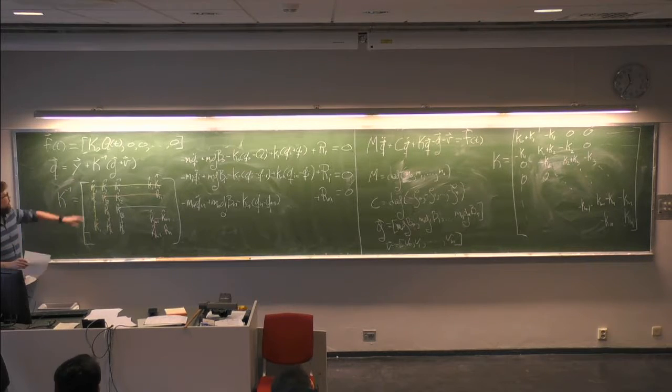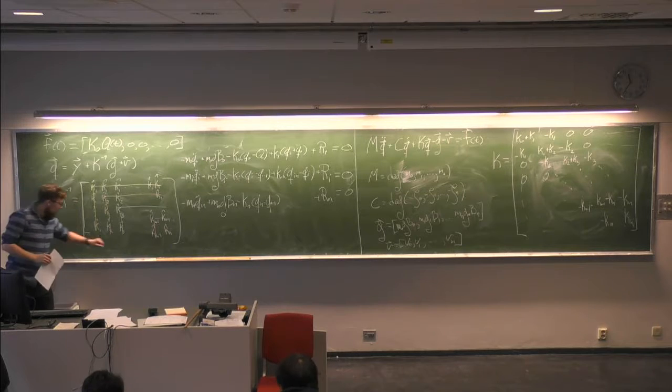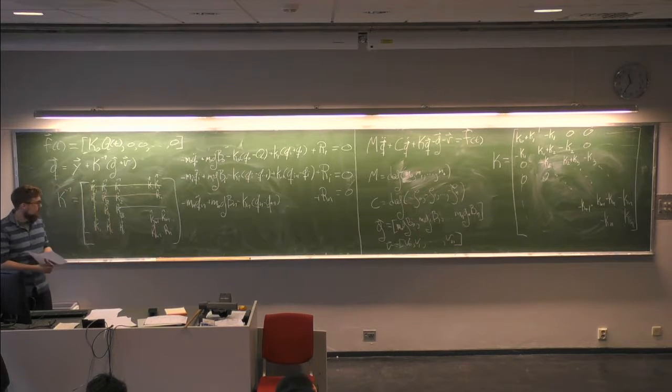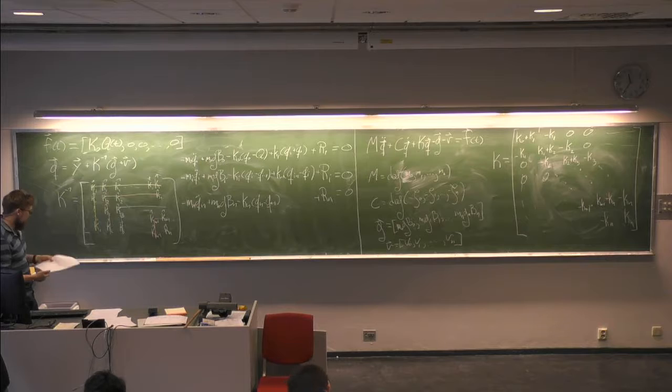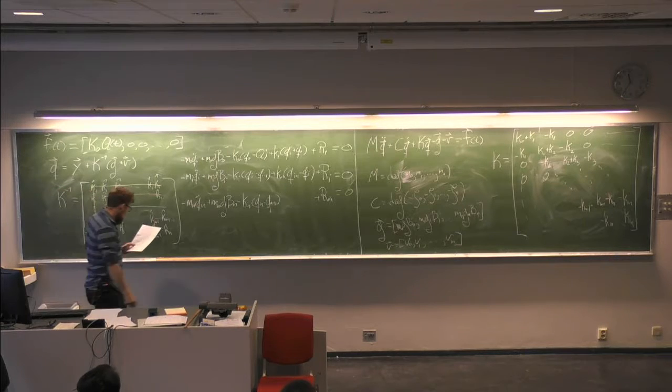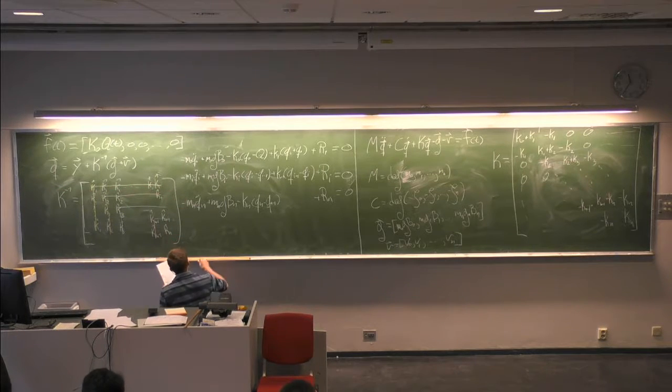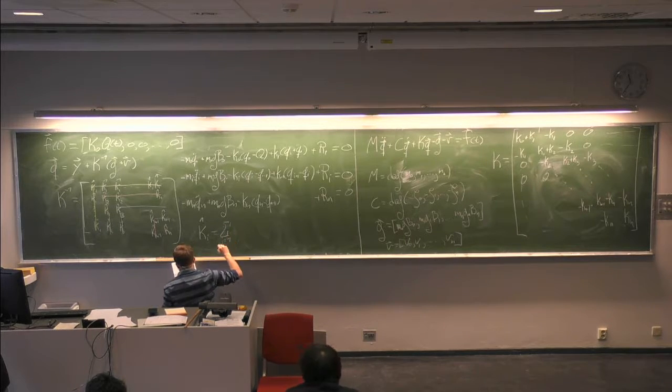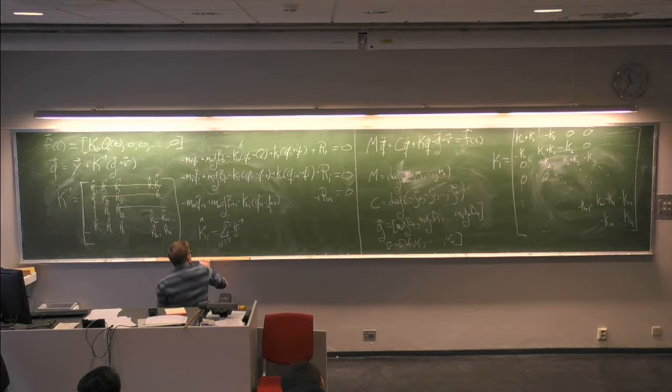But what are these K hats? Well, we are not going to prove it, but we can see that each K_i hat is a sum over j from 1 all the way to i of K_j inverse.